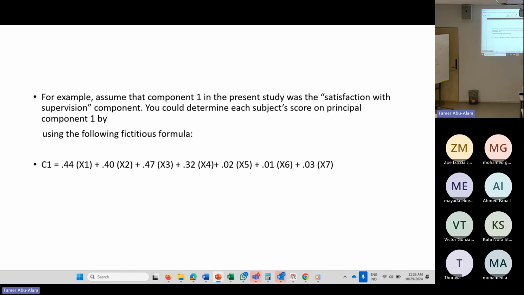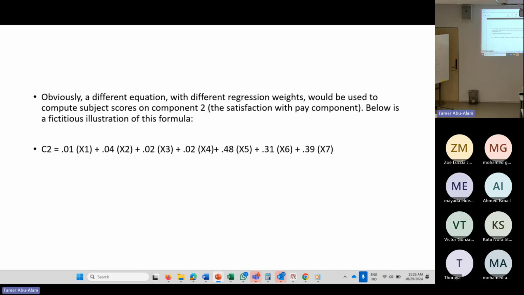It will give you the amount, the value of C1. The position, the location of C1, the line on the 2D space. Okay? And in the same way, you can develop a similar equation for component 2.